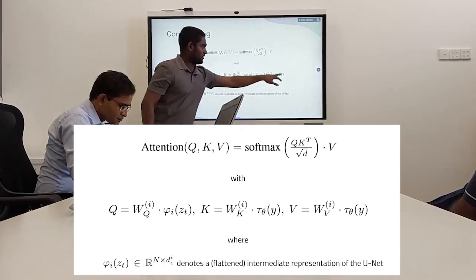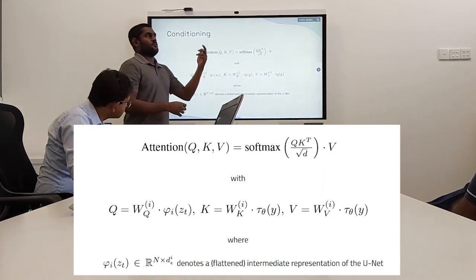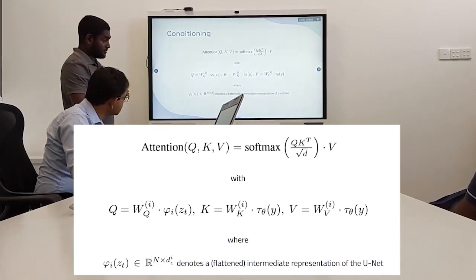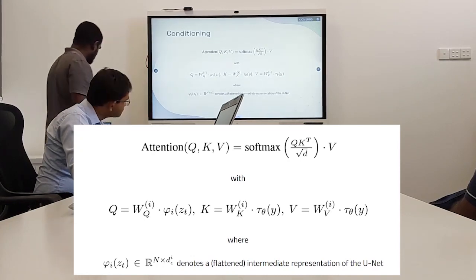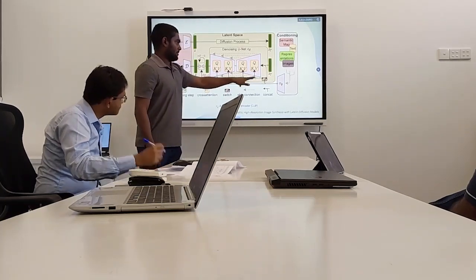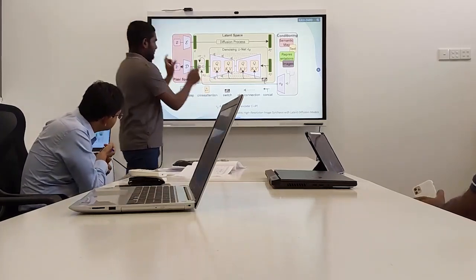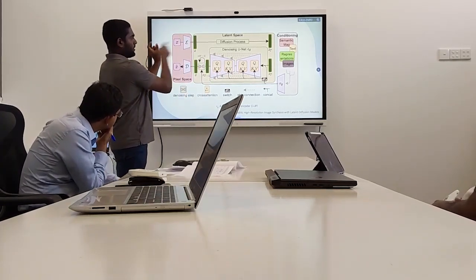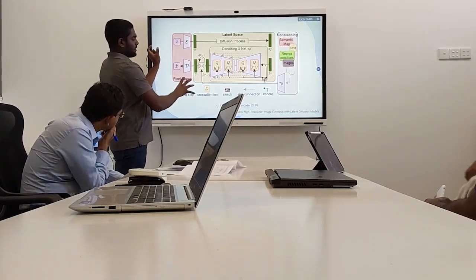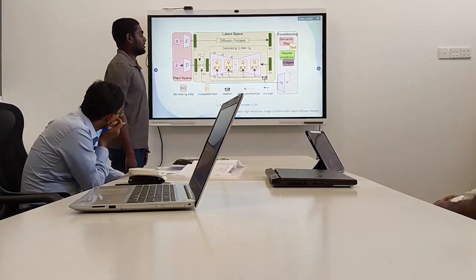So K and V will be computed from the conditioning vector, and the Q will simply be the value the UNet got from its previous layer. There will be multiple layers, and the conditioning vector will be mapped to multiple layers. Instead of directly passing the input to the next layer, we take the input from the layer, do the attention calculation, and then return that to the next layer. So that is what's happening here.